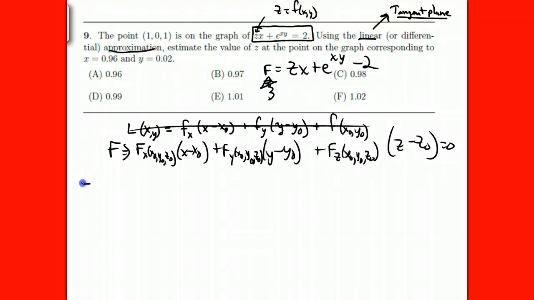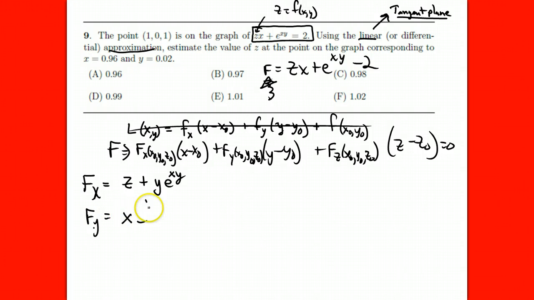What's the x partial? z plus y e to the xy. What about the y partial? And the z partial.